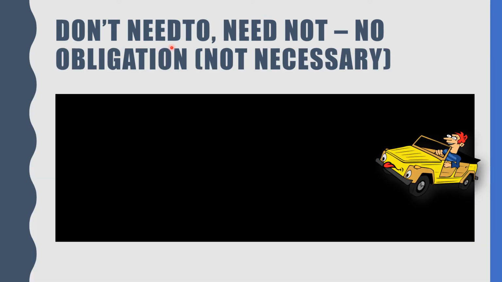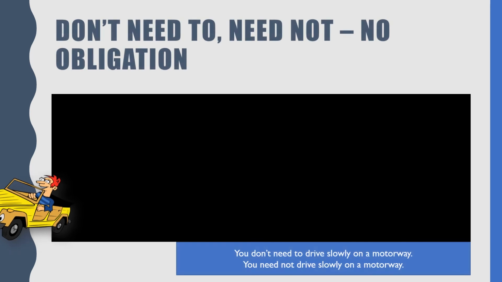Don't need to and need not is used to talk about things which is not necessary or no obligation. Look at the driver. He's on the highway. What is he doing? Need to and need not are similar to don't have to or doesn't have to, which means you don't have to do something necessary.